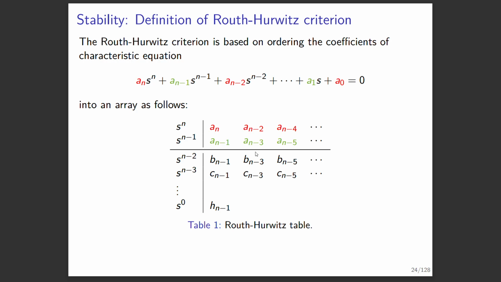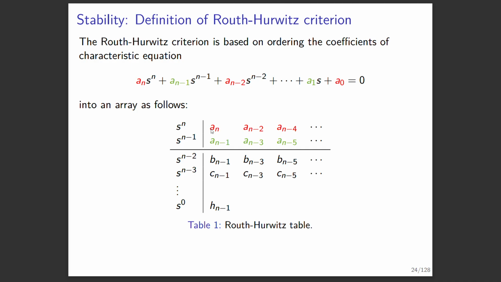Well, if it was a_n times a_n minus 3, subtract from it a_n minus 2 times a_n minus 1, then it would be the determinant of the matrix.